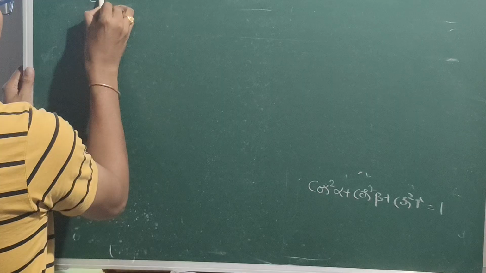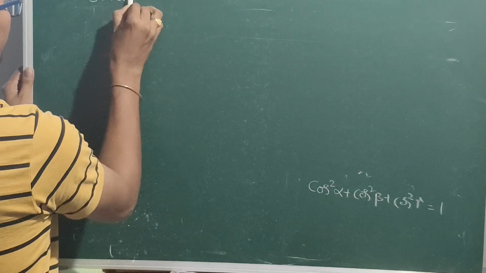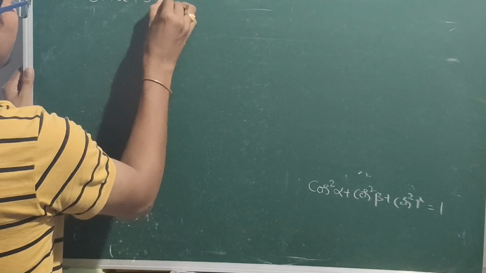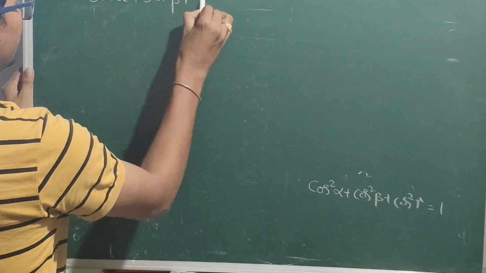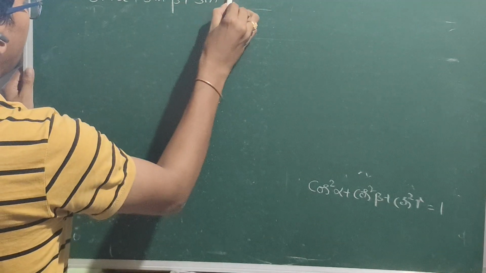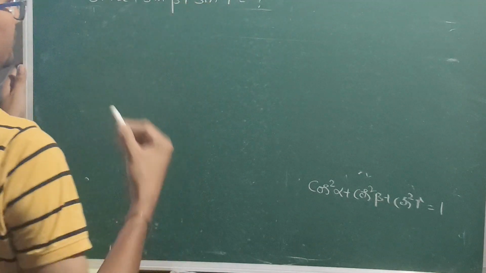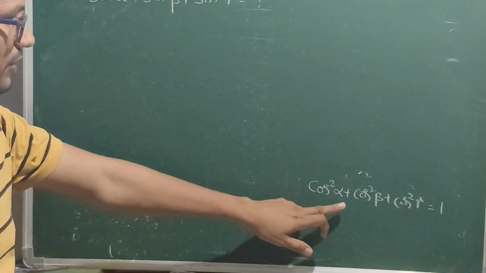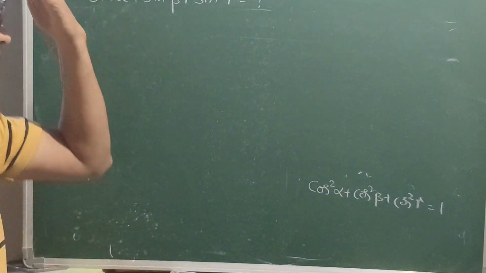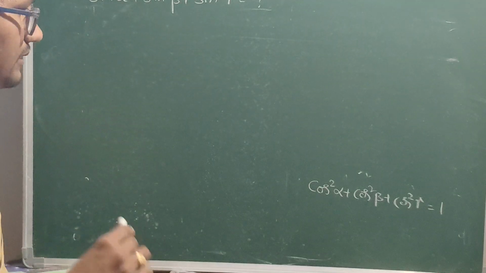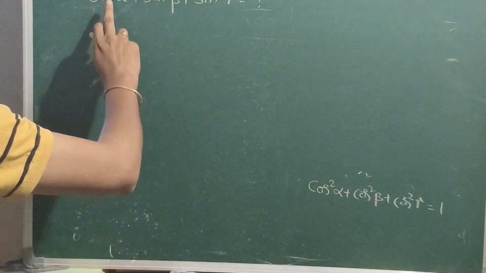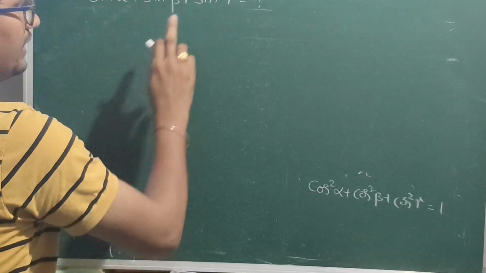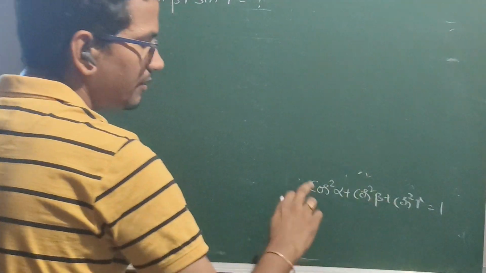Sometimes they ask: sine square alpha plus sine square beta plus sine square gamma is equal to how much? From this value we can apply it here, but how? We have it only in terms of cos.